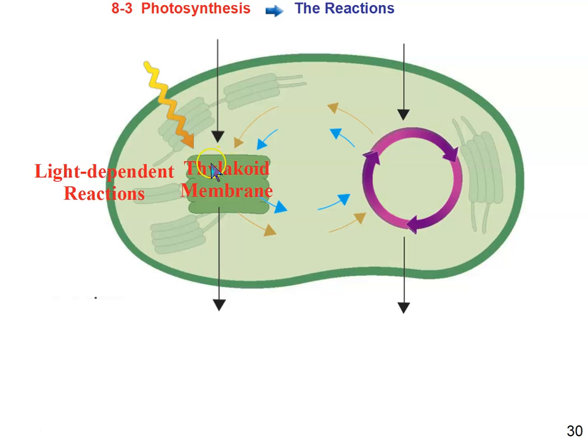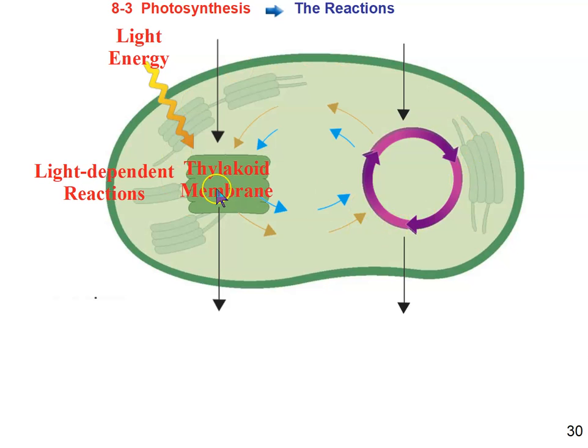But it also involves the space inside the thylakoids and the space outside the thylakoids, in other words, the stroma. But it starts with light energy being absorbed by chlorophyll in the thylakoid membranes by those photosystems.